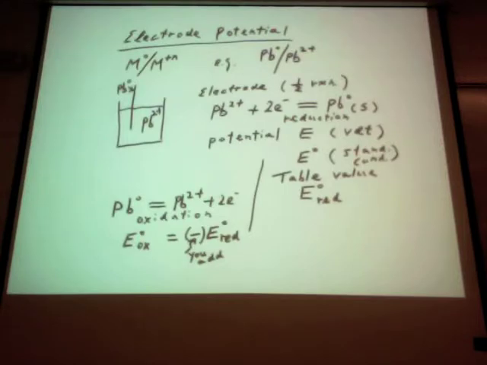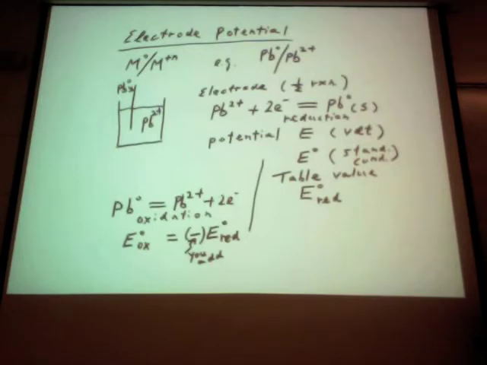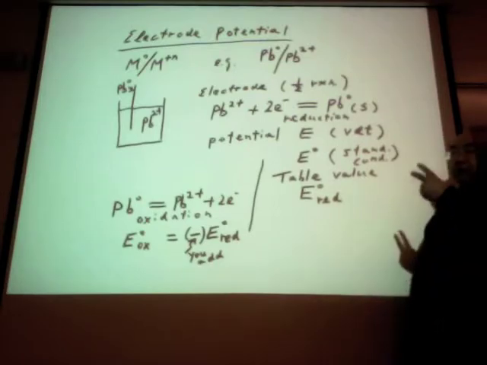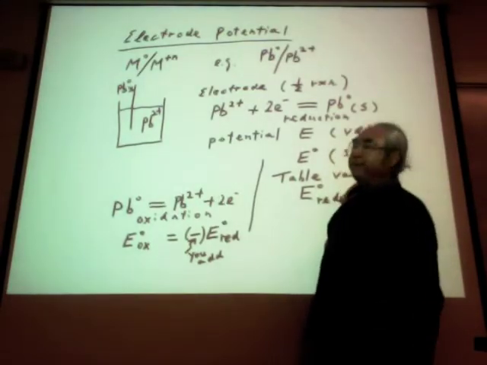Now let's understand the meaning of electrode. Previously you saw a complete cell consisting of two electrodes. Independently, each electrode could be described.